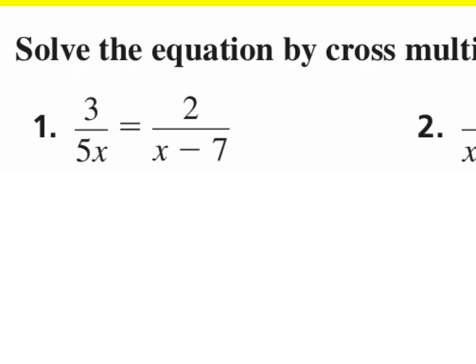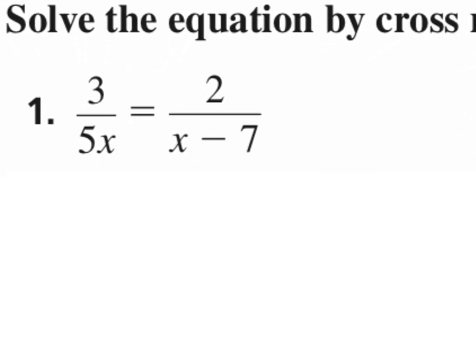All right, let's look at the next page. Here we've got 3 more that we're doing the same thing. We are cross multiplying. You can always do this when you have a fraction is equal to a fraction, just one fraction on each side. So I have 3 times x minus 7 is equal to 2 times 5x. What would I do next? Distribute.